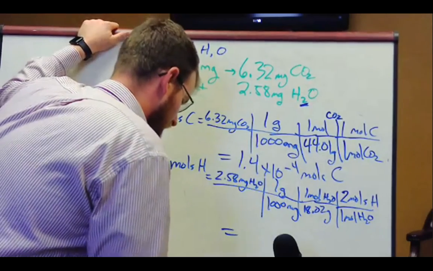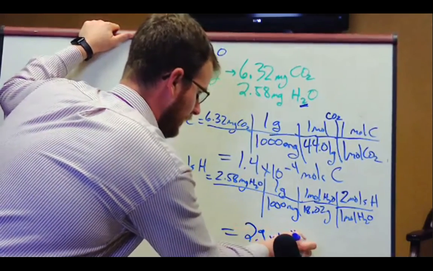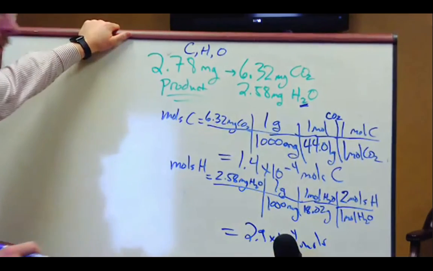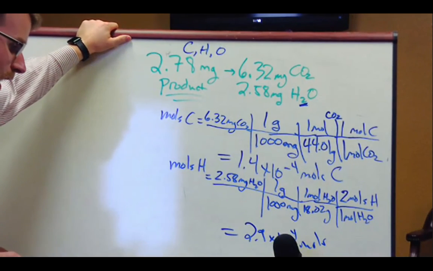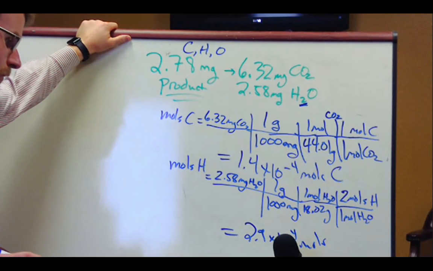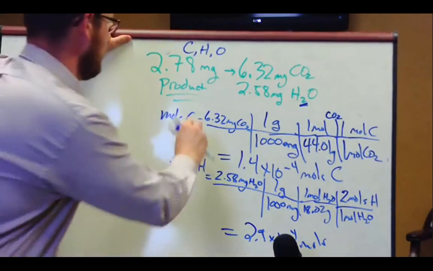This one is 2.9 times 10 to the negative 4th moles. Whoops, you can't see that, but 2.9 times 10 to the negative 4th moles. All right, so we know we have C and an H and an O. Right now, I'm going to go ahead and erase this stuff.